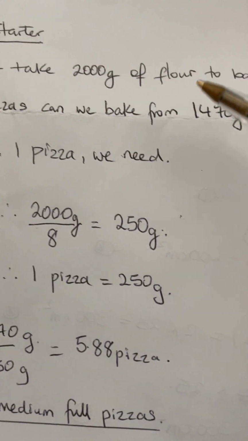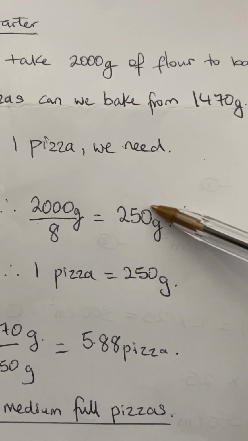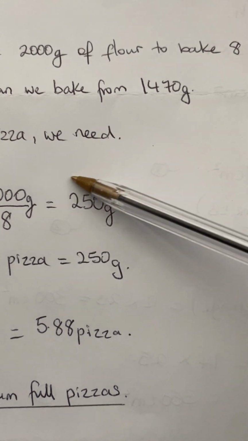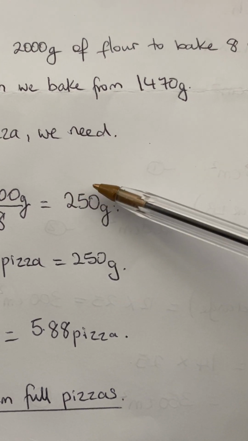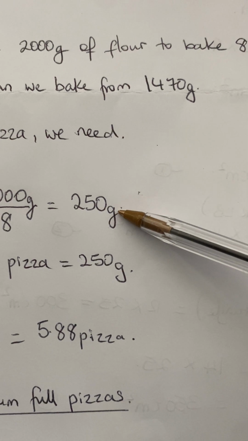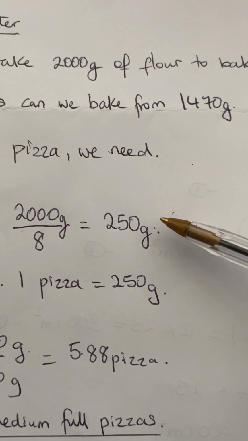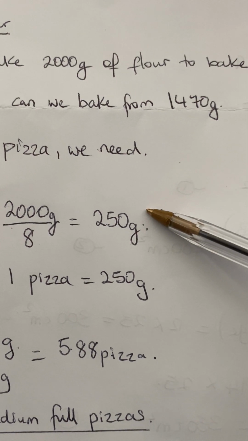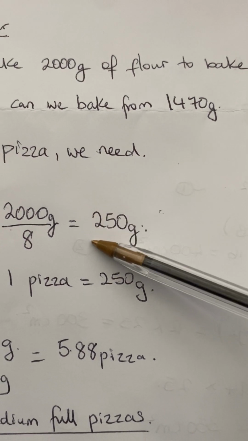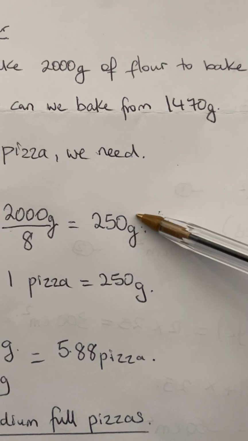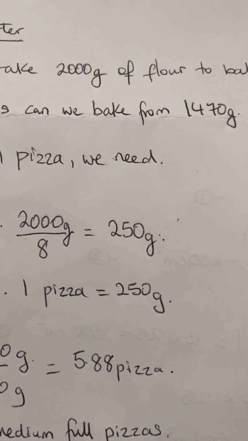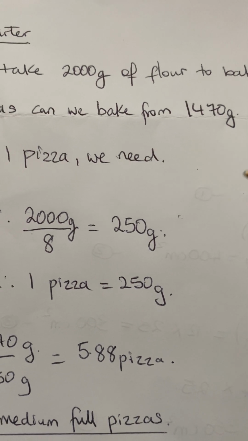For instance, this is 250 grams. So if you hear 25 grams, it's 250 grams. So in that case, follow the notes. For instance, if I say 250 and leave the grams part out, it is 250 grams.